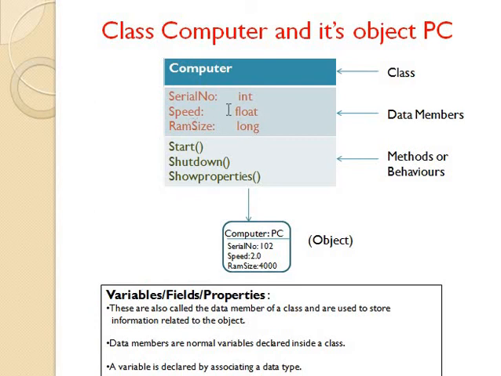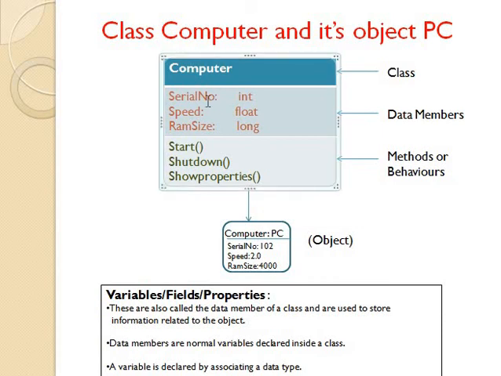Now don't be confused with the type int and the type long, because both represent integer values. The only difference between int and long is that int represents smaller to medium size integer values, whereas long represents larger size integer values.